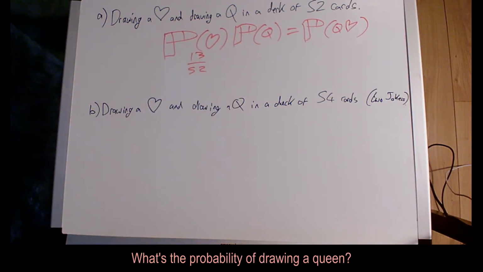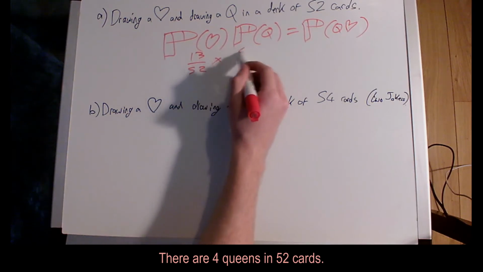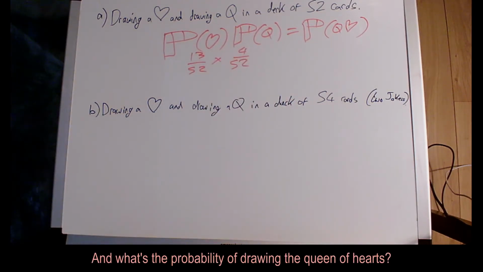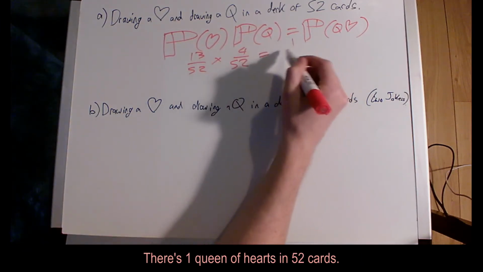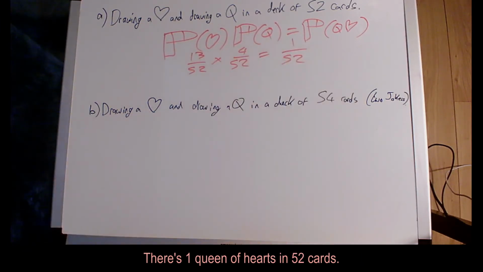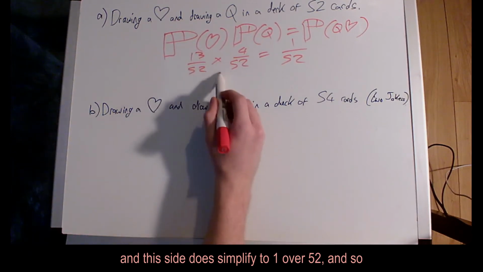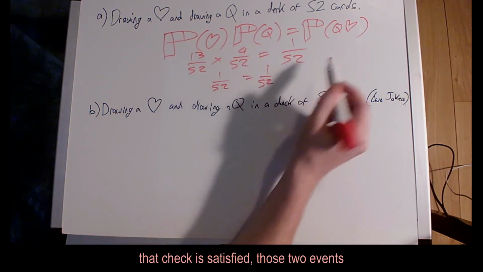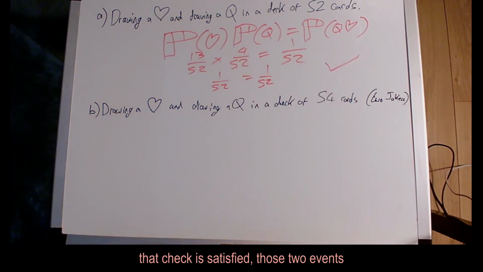What's the probability of drawing a queen? There are 4 queens in 52 cards. And what's the probability of drawing the Queen of Hearts? There's 1 Queen of Hearts in 52 cards. Now this side does simplify to 1 over 52, and so that check is satisfied. Those two events, drawing a heart and drawing a queen, are independent of one another.